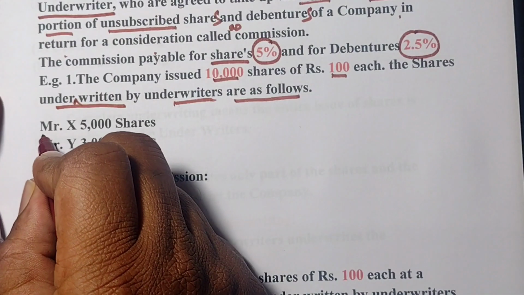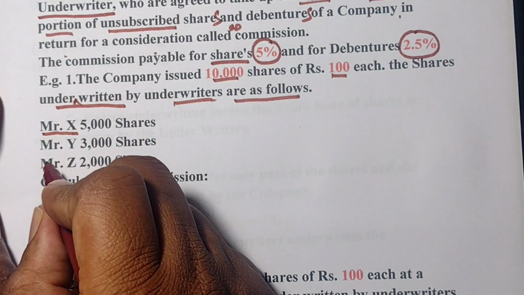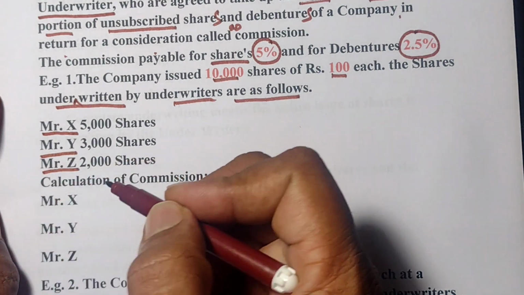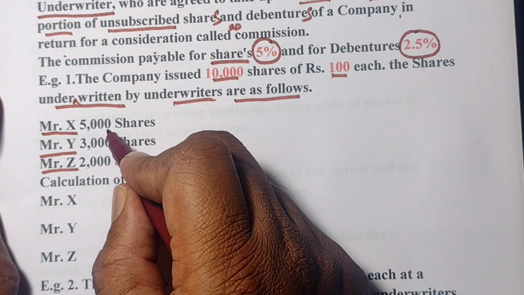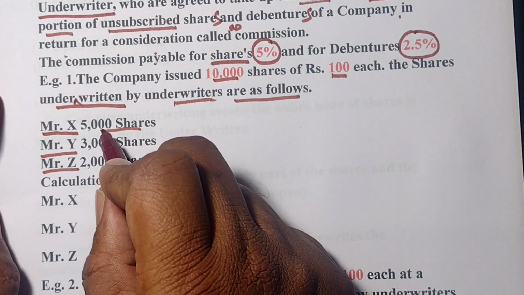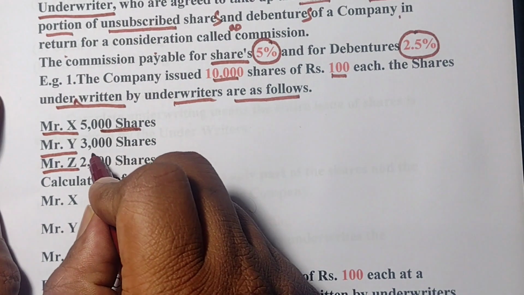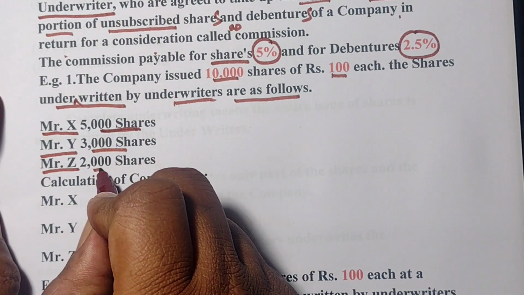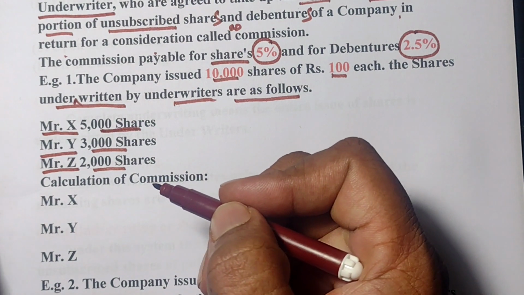There are three underwriters. The first one is Mr. X, the second one is Mr. Y, and the third one is Mr. Z. Mr. X underwrites 5,000 shares, Mr. Y underwrites 3,000 shares, and Mr. Z underwrites 2,000 shares.